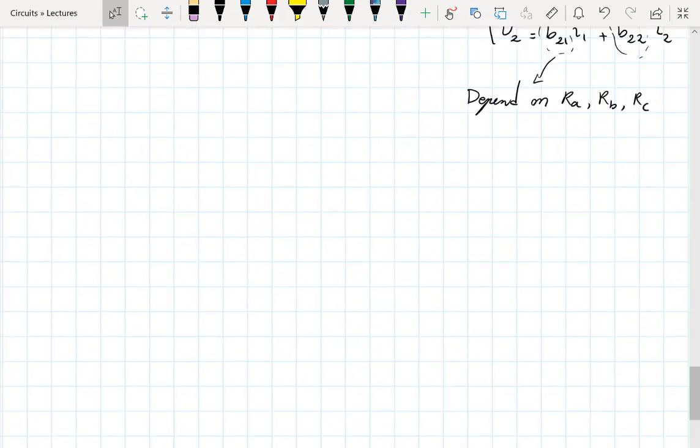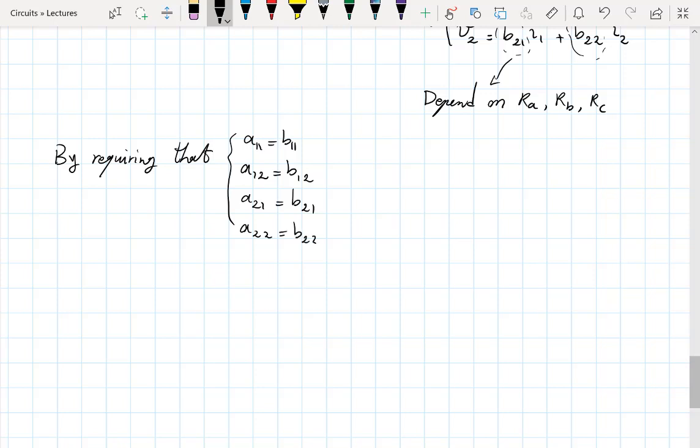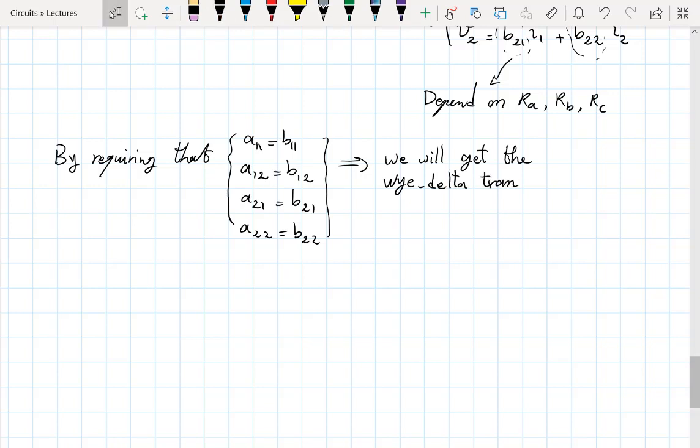So now, by requiring that all these A and B coefficients be the same, we will get the wye-delta transform formulas, which ensure that these two circuits have the same IV characteristics when looked at from the outside.